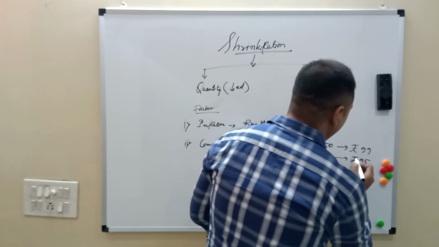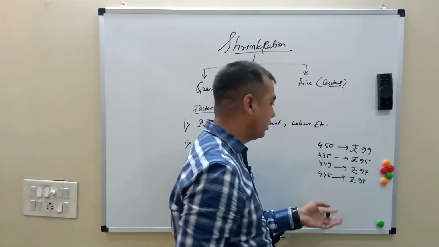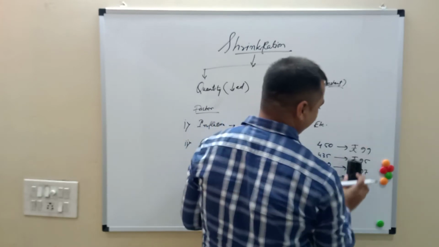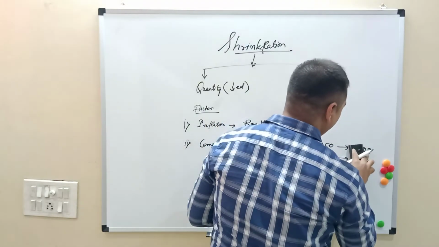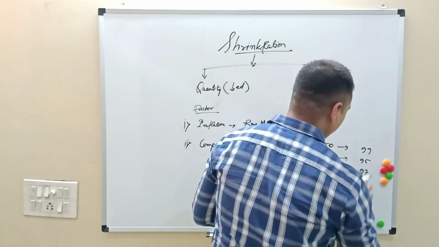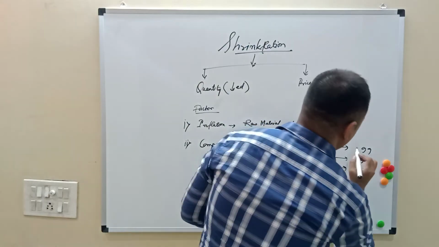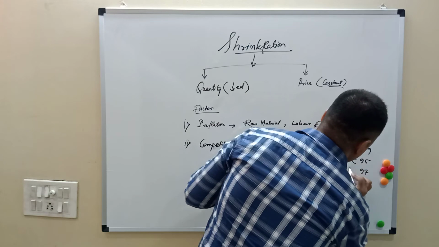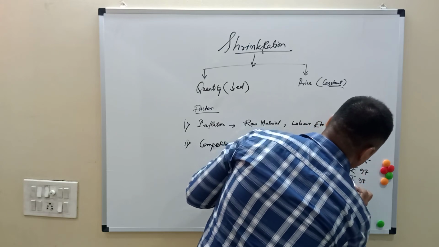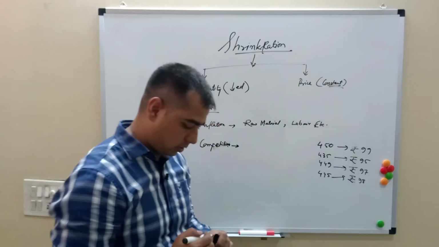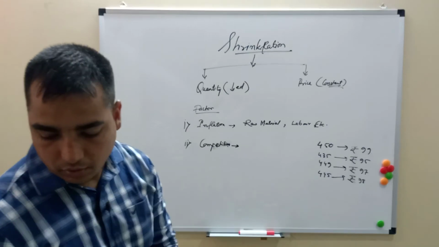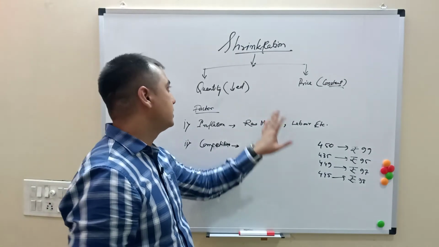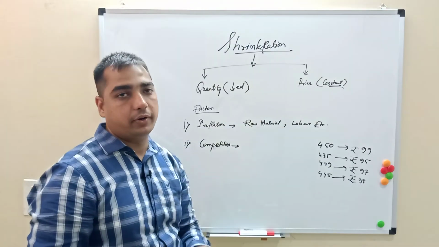Which product is good, which product is bad, what to do and what not to do. In this type of market, these things work, and it is working, my dear friends.